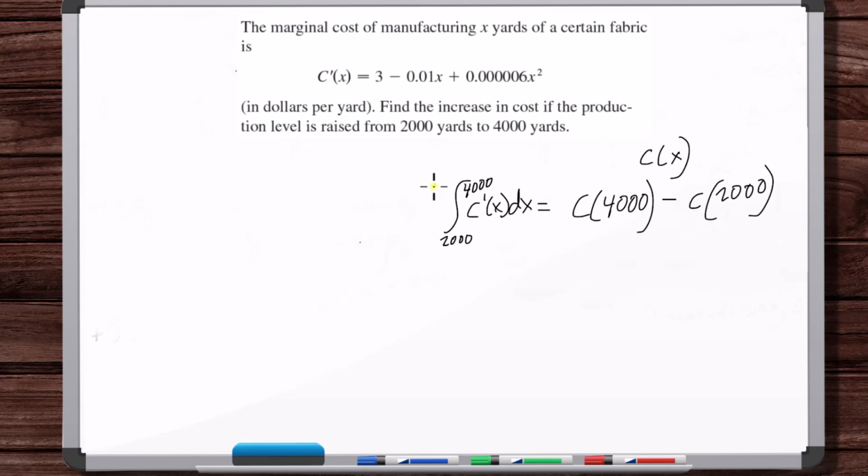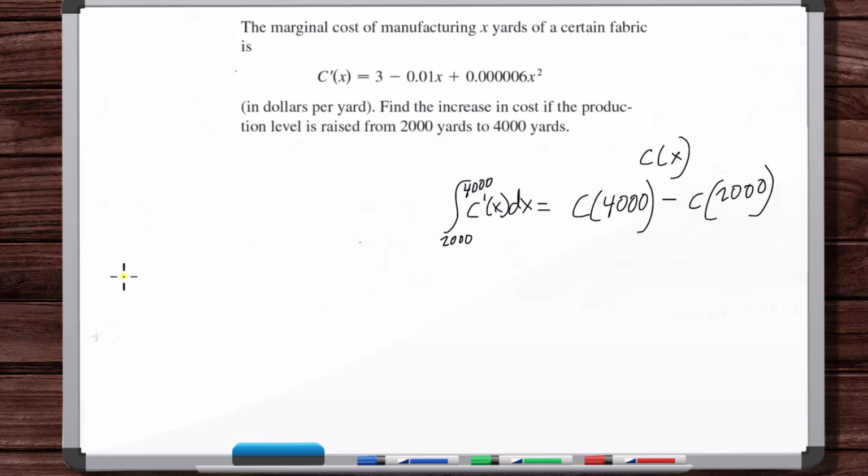this definite integral, because this is the quote-unquote rate function. It's not a rate, but they're asking for the change in some quantity over an interval of the independent variable. And we have a function that represents the change in that quantity with respect to that independent variable. So we've got the quote-unquote rate function. All we need to do is evaluate this definite integral. Let's do that.